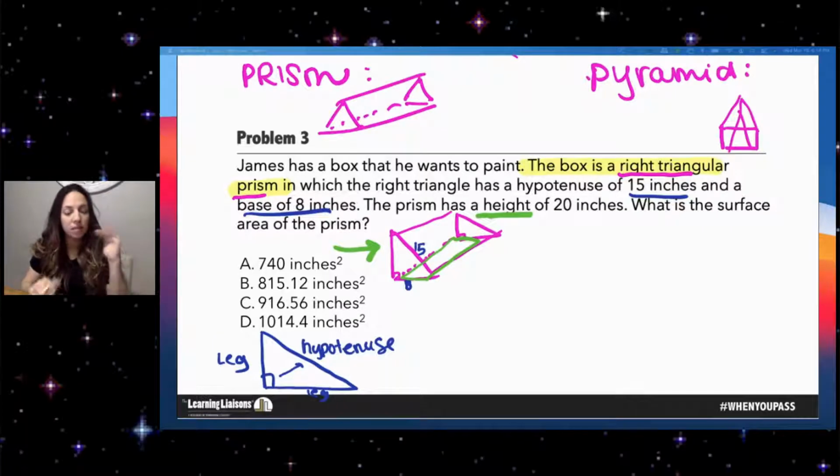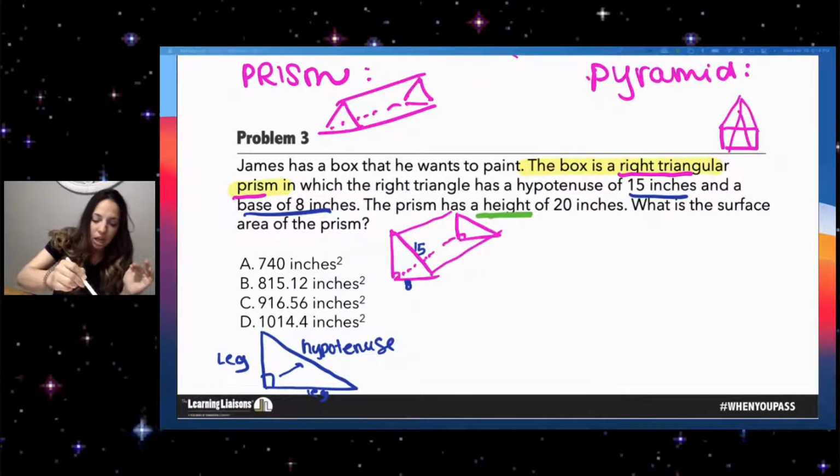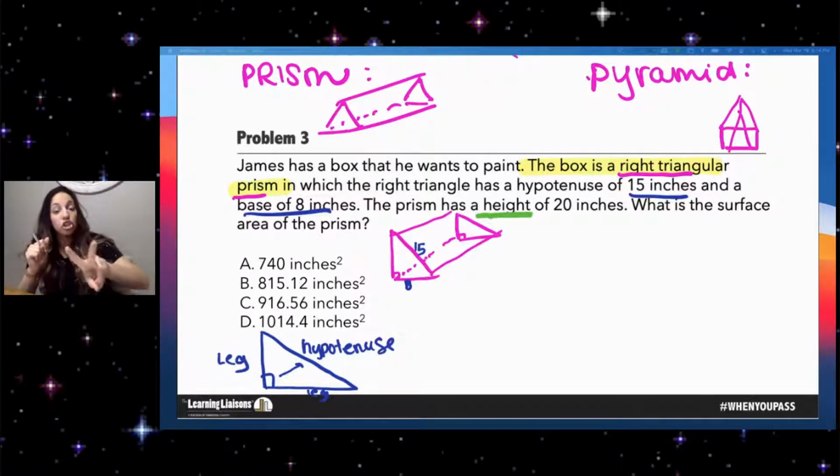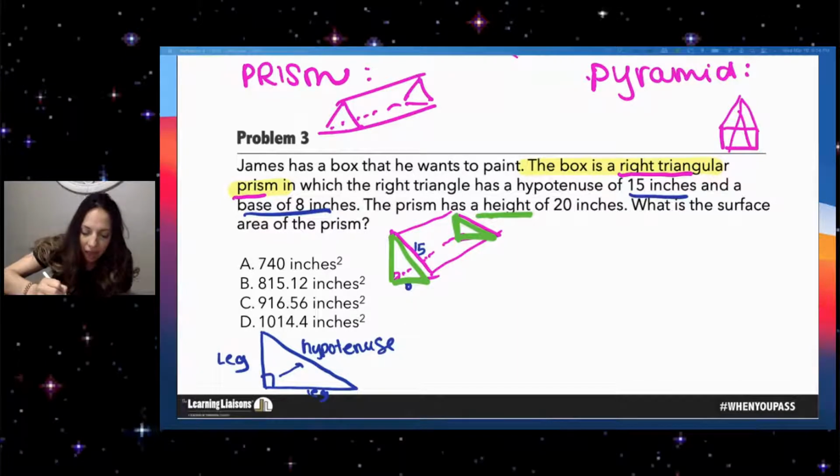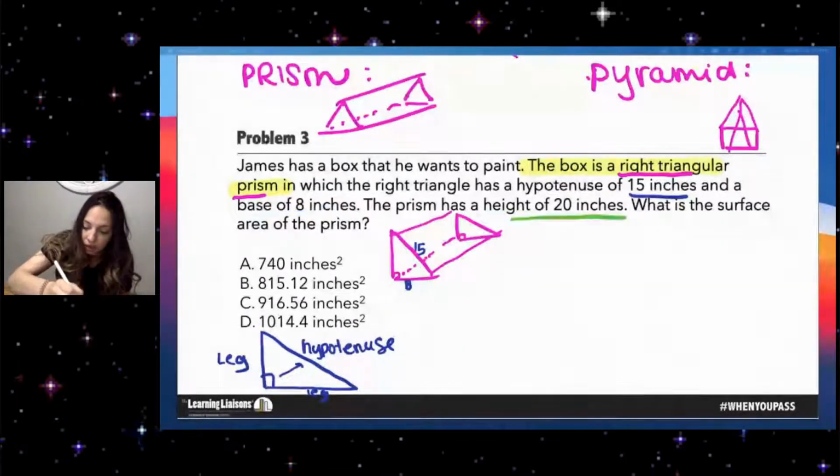That is not the base. The base is the two identical shapes of the prism. So in this case, the right triangle is the base, and then the height is going to be here because that's what's connecting those two triangles. It could also be this one. It could also be that dotted line in the back. So looking at that, now I can label my height of 20.